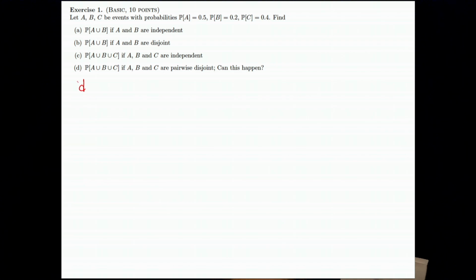Part D. If A, B, C are pairwise disjoint. What does that mean?